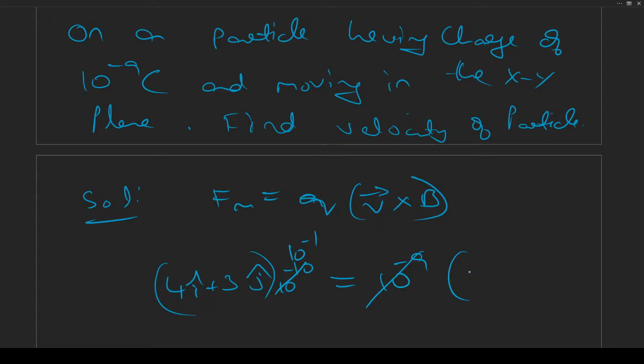So it will be v cross B, v vector cross magnetic field, which is 4 into 10 power minus 3 k cap, not j cap.